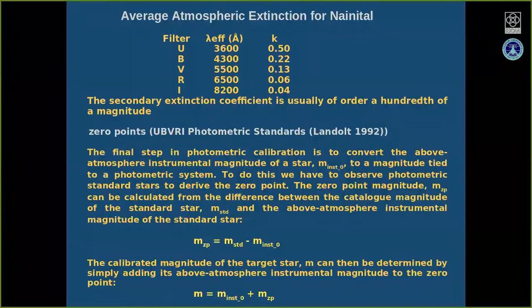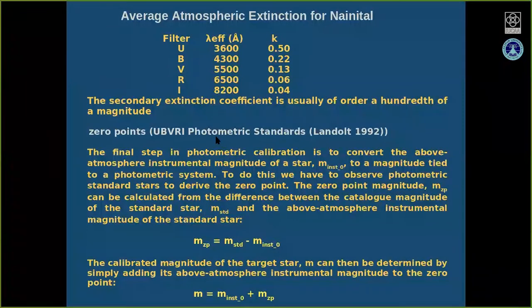Generally, this correction we call a transformation correction. How are you going to do that? That's very interesting. For that, you have to observe, again, some photometric standard. You can take some photometric standard from Landolt. You have to find the magnitude of a particular photometric standard star. Then you have to correct your value for extinction.